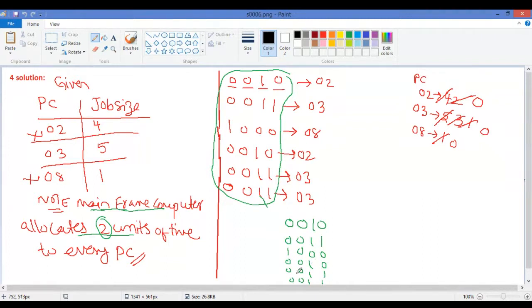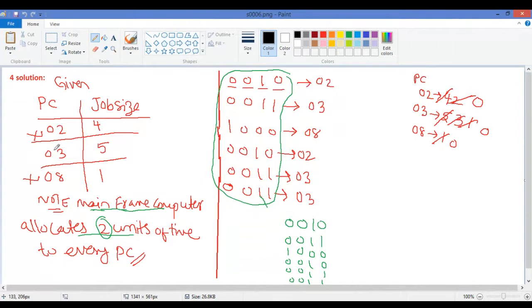You see, have you understood all these steps? You see, when PC2 is executing the first time, its job size is 4. So 4 minus 2 is 2, right?